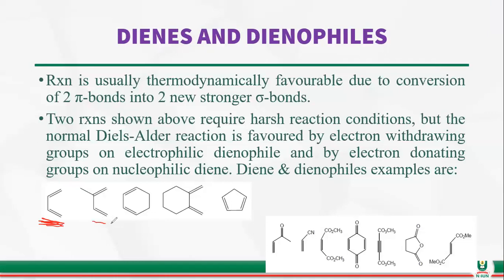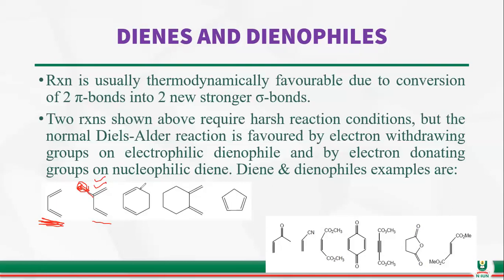If you come to this second one, even though they have a methyl substituent here, CH3, you still have your two double bonds in conjugated manner, it is a diene. And this diene may be a far better donor than the first one, because there is an alkyl group, CH3, which is donating or pumping electron density into the system, making it richly available for external donation.